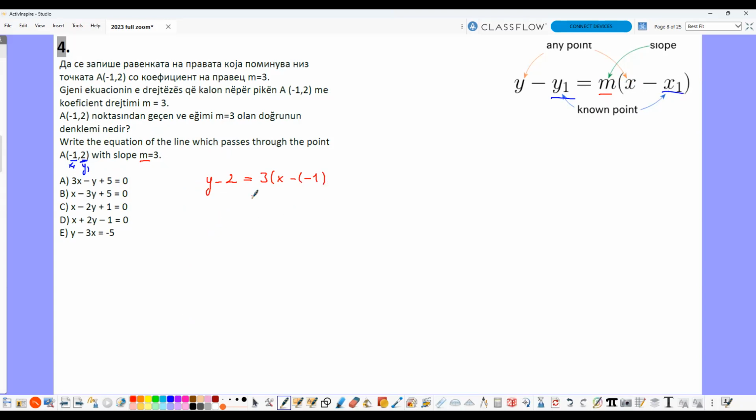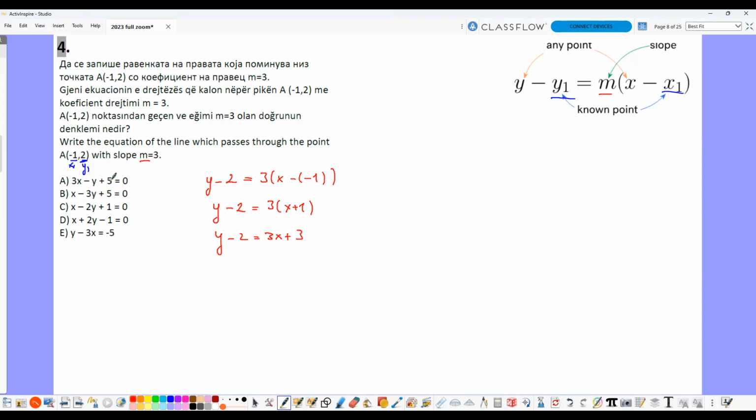So here, y minus 2 is equal to 3x plus 1. Then y minus 2 is equal to 3x plus 3, it has to be.